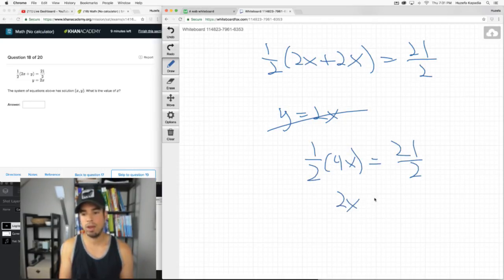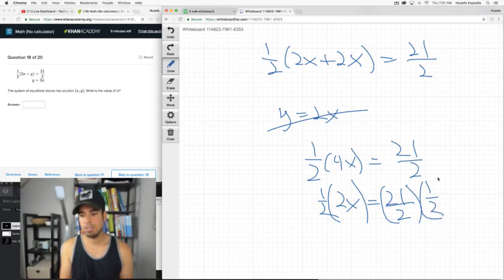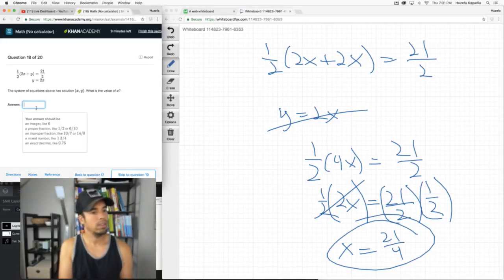This becomes 2x equals 21 over 2. We're almost done. Then we got to multiply by the reciprocal or divide both sides by 2. Either way. I'm just going to multiply by 1/2. It looks a little easier, cleaner. That becomes x equals 21 over 4. That's it. So in this case, 18 was not terrible.